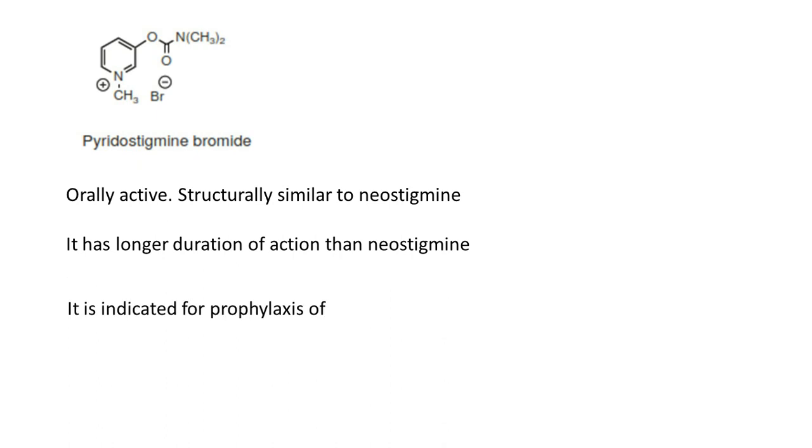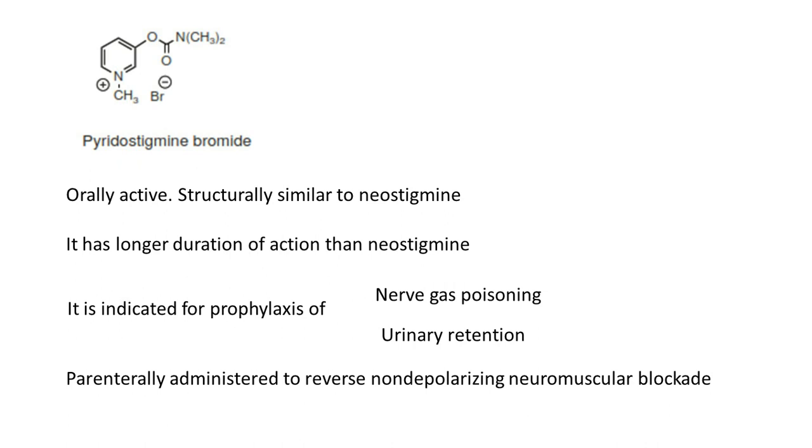It is indicated for prophylaxis of nerve gas poisoning and urinary retention. Pyridostigmine reverses this type of condition. It is parenterally administered to reverse non-depolarizing neuromuscular blockade. So it is almost like an antidote for tubocurarine kind of poisoning.